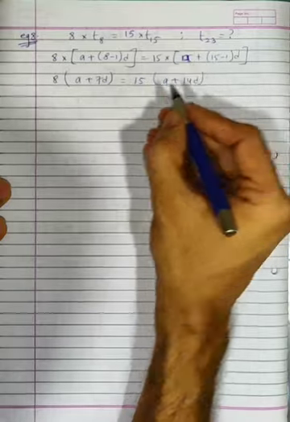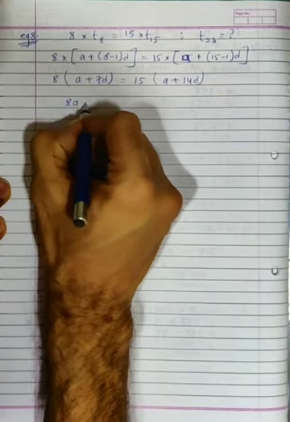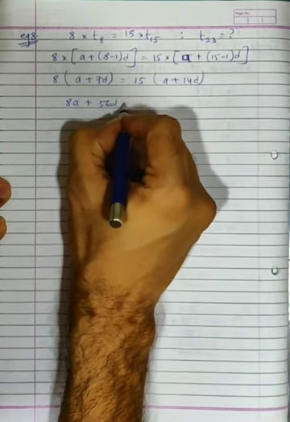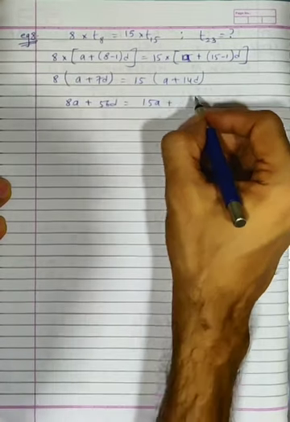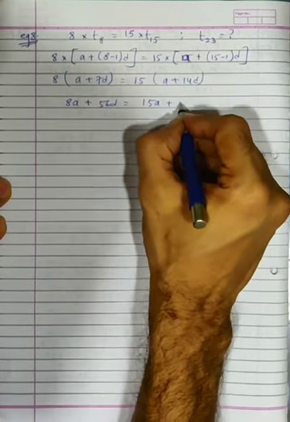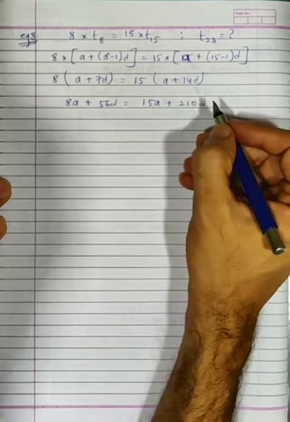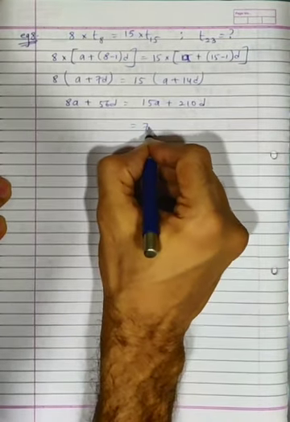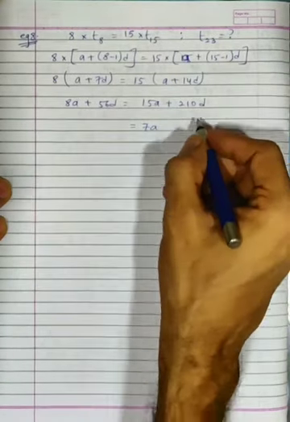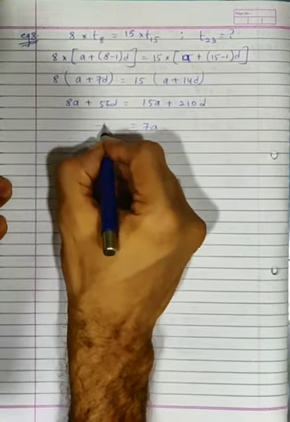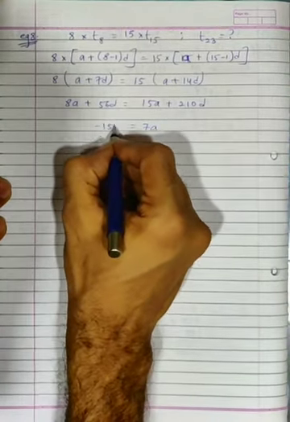Now open the brackets. What will you get? 8A plus 56D is equal to 15A plus 210D. Now take 8A on this side, you'll get 7A. And then what will be 56 minus 210? Minus 154D.